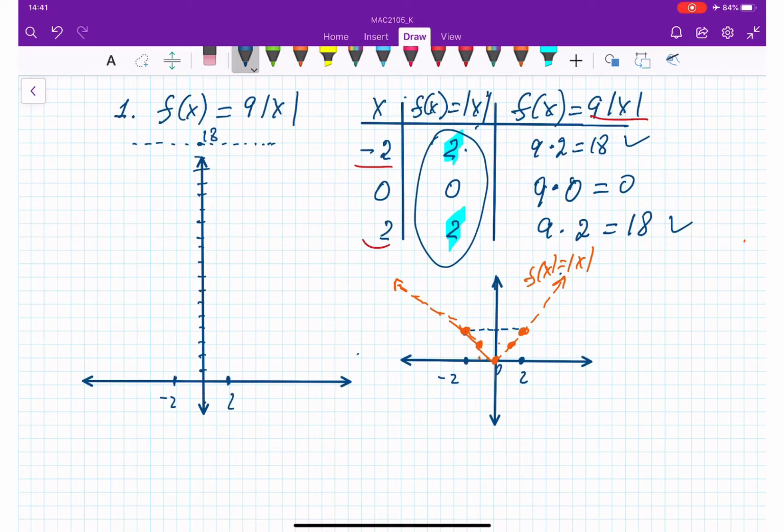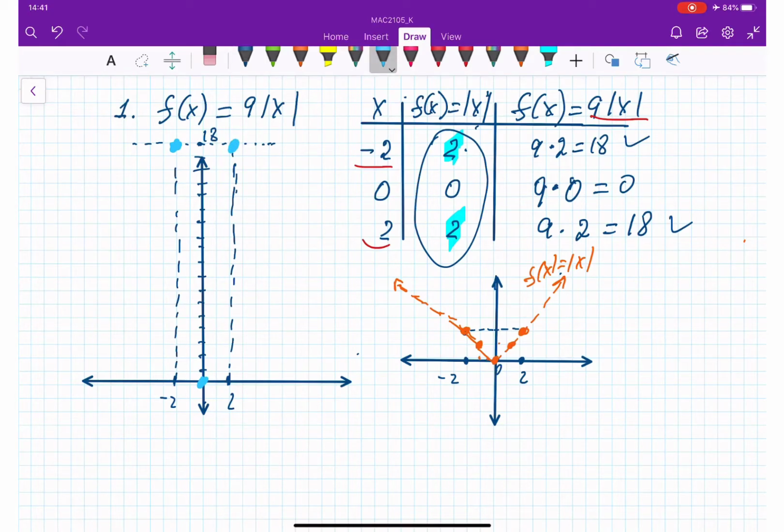So if I go up, this is going to be 1 point. So 0, 0, it's going to be next point, and this one is going to be the third point.